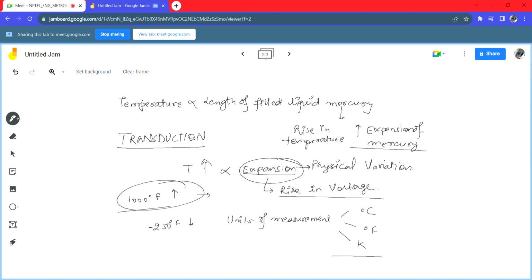All these are scientific grade units, although there are more units called Rankine, but these are the most prominently used scales. These two, in fact, are used in common day-to-day life affairs, but this is more for academic purposes. And they all have their own formulas of interchangeability that you all must be aware of.